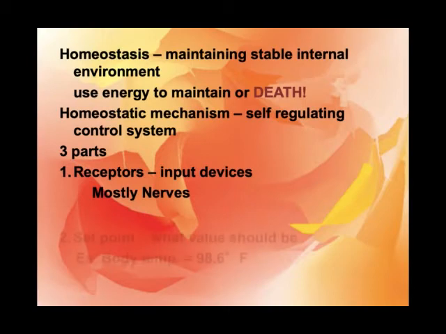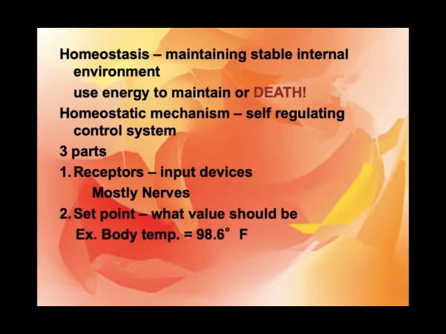And then you have a set point, which is whatever the value is supposed to be. For example, there are receptors in your body at different places that say your body temperature needs to be at 98.6. That's a set point. Your brain understands that you're supposed to be at 98.6 degrees Fahrenheit. By the way, that's just an average.